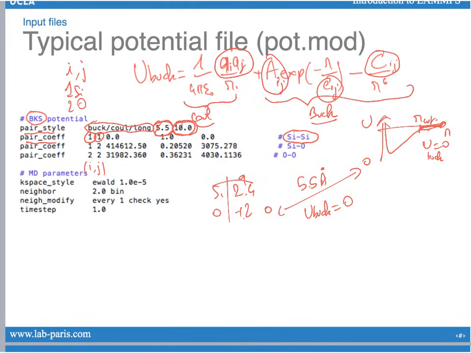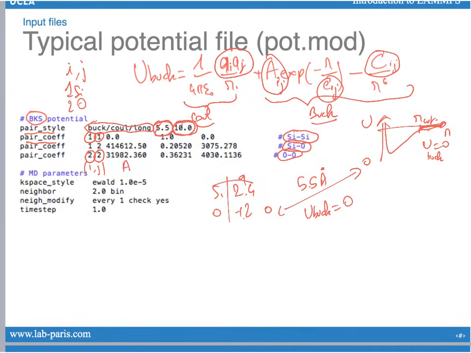The second one will tell you when silicon interacts with oxygen, and the third line will be when oxygen interacts with oxygen. That is to say, the potential interaction between the atoms of type 2 and other atoms of type 2, oxygen, oxygen.